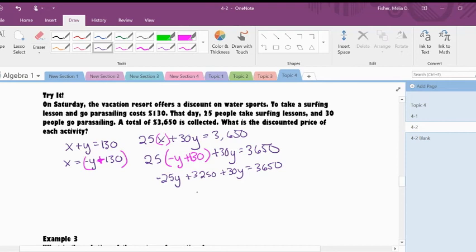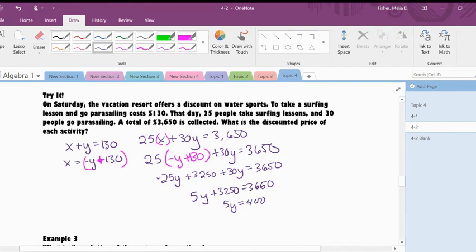Combining our like terms, we get 5y. Subtracting, 3,650 minus 3,250 equals 400.